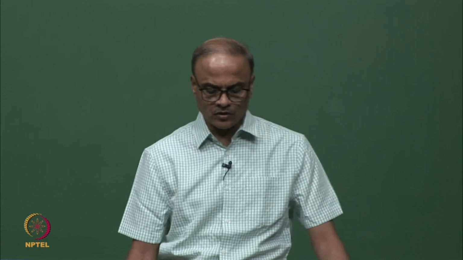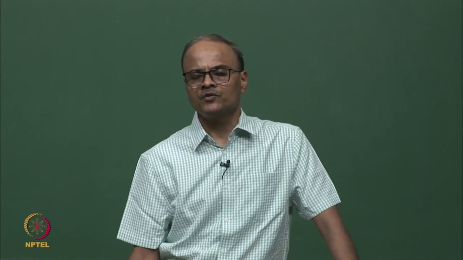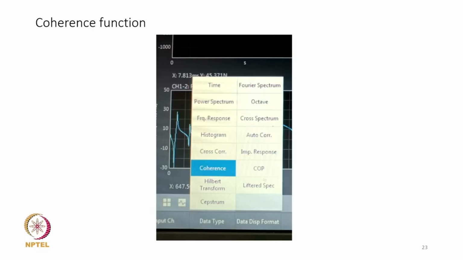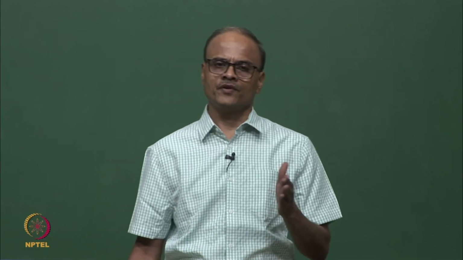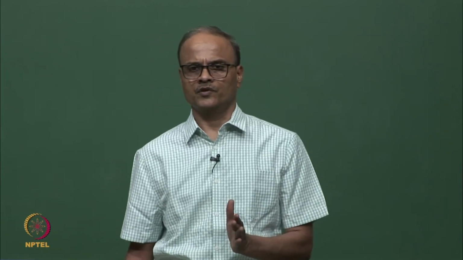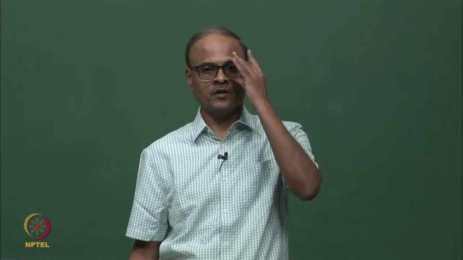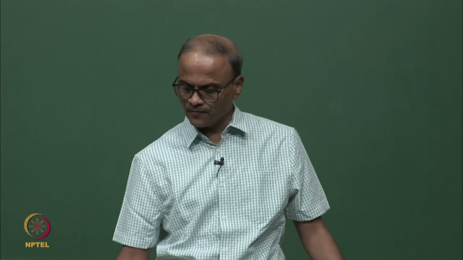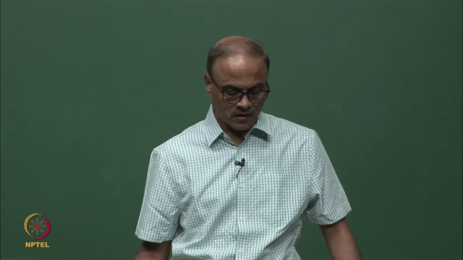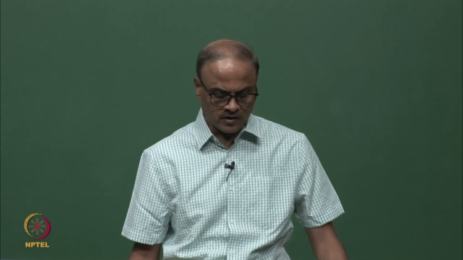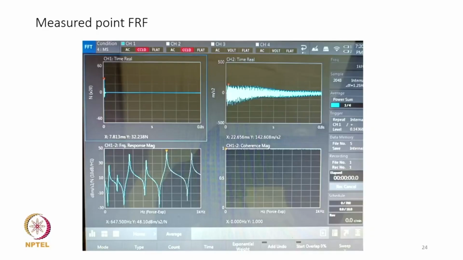So now, because we are doing averaging, we would like to also see the coherence function. So we choose coherence function also as the output. So we will now have the 2 time signals and frequency response magnitude and the coherence function, so that we can see the quality of the FRF we have measured. So you can see here, this is the frequency response and coherence function when only one measurement has been taken.